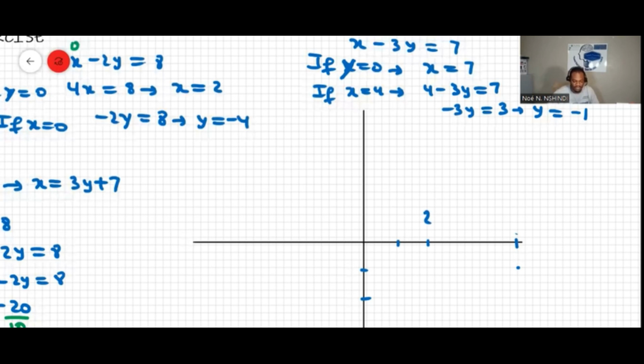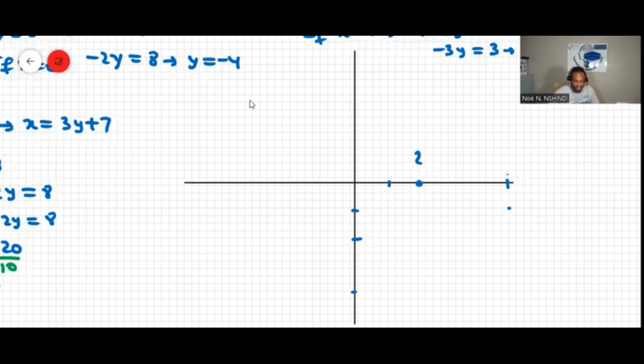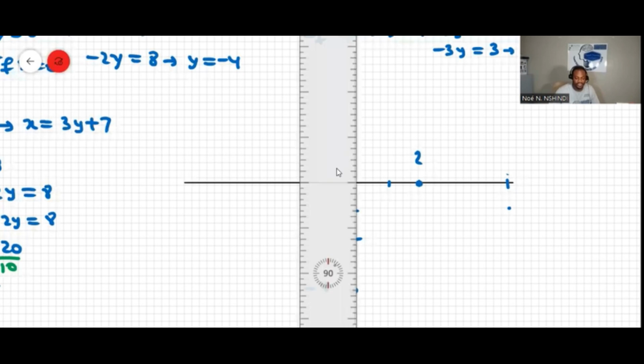So this is the point. And then if x is 0, we found that y is negative 4, so I was right. X is 0, y is negative 4. So these two here form a line, so we can connect them.